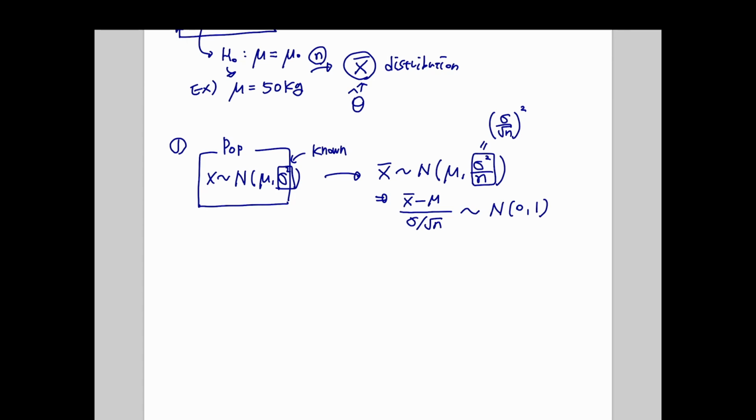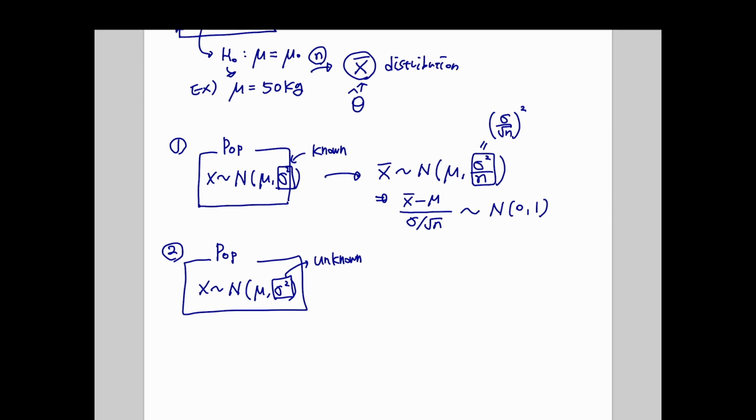Second, when the population follows a normal distribution with mean mu, and the population variance sigma square is unknown, we replace sigma square with the sample variance or sample standard deviation.